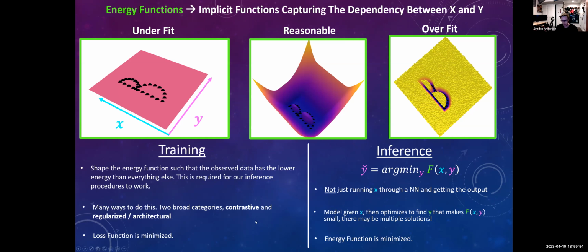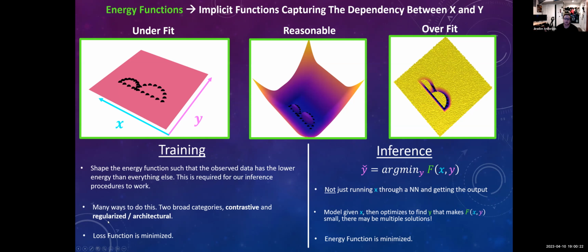There's tons of papers and research on ways to make this work well. Most of it focuses on smart ways to pick those contrastive examples, because oftentimes there's tons of wrong answers. And so you have to be intelligent about which points you're pushing up, because you can't push up on everything. But that's really one of the drawbacks of these contrastive approaches, that you have to find those points that you're going to actively push up.